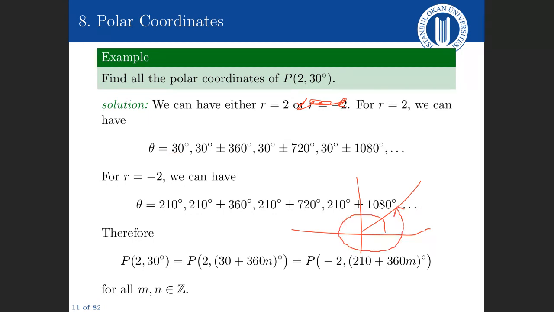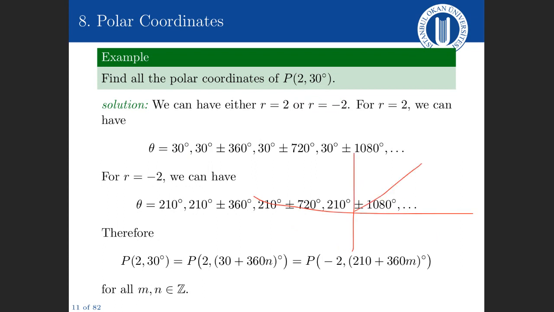We could have 390 degrees, or 30 plus 360 degrees. Or we might go around like this. That's 330, so minus 330 degrees. In other words, 30 minus 360 degrees.